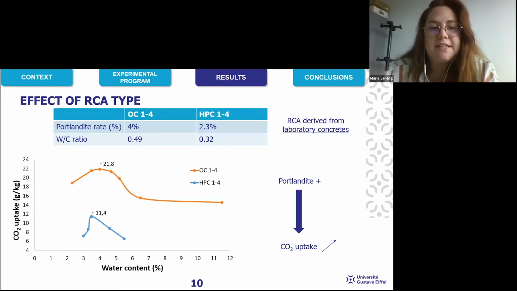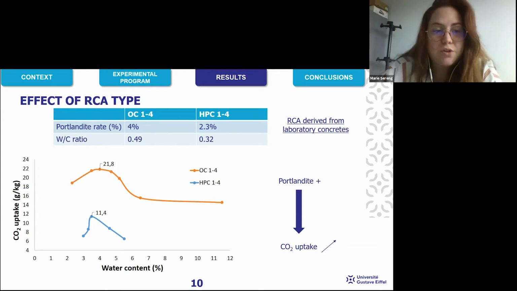The second effect is the RCA type, for RCA derived from laboratory concrete. We have two RCA. The first is OC, for ordinary concrete, with a fraction 1/4 millimeter, and the second is HPC, for high performance concrete. They have different Portlandite rates. OC has the highest Portlandite rate, 4%, and a high W/C ratio of 0.49.